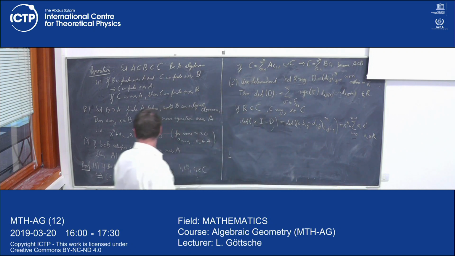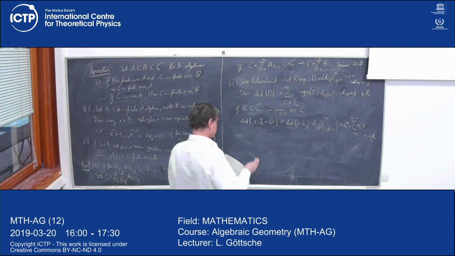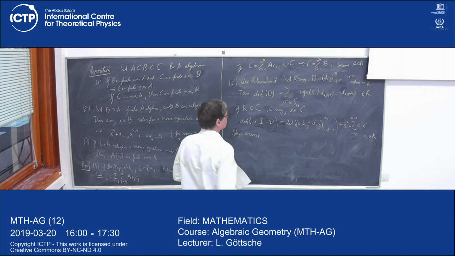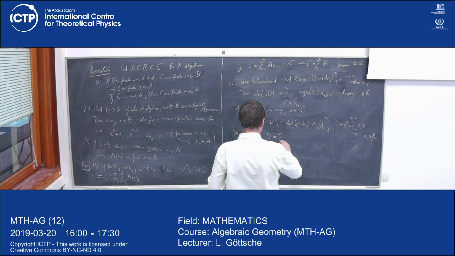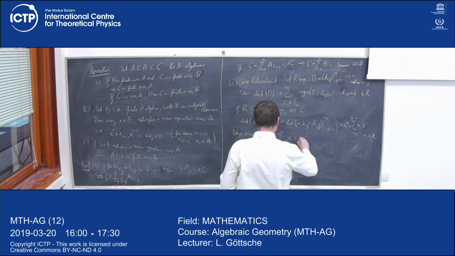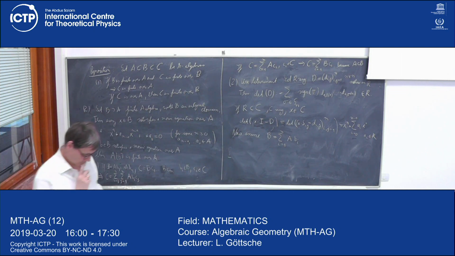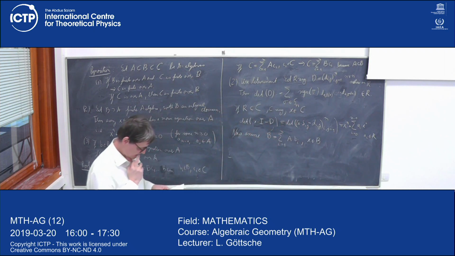So now let's look at our assumption. So assume that our B is equal to the sum for i equals 1 to n of A times b_i. So B is finite over A. And we take some element x in B. You have to find a monic equation for it.